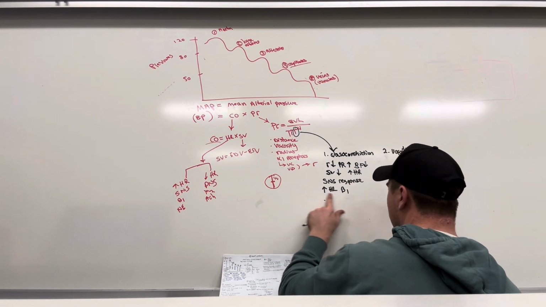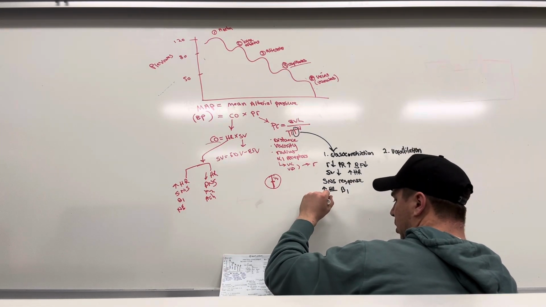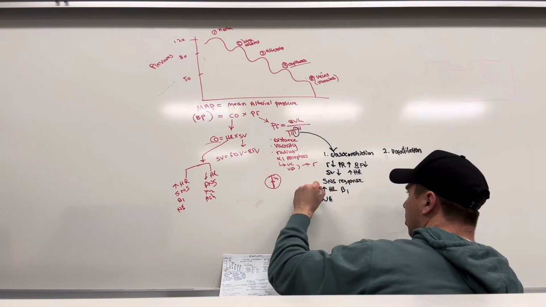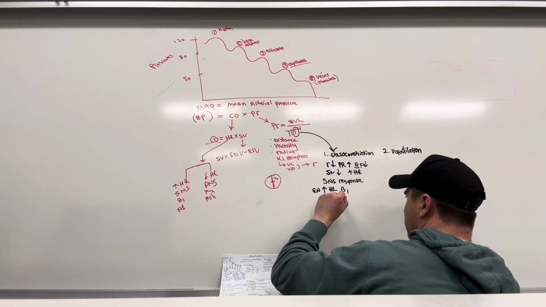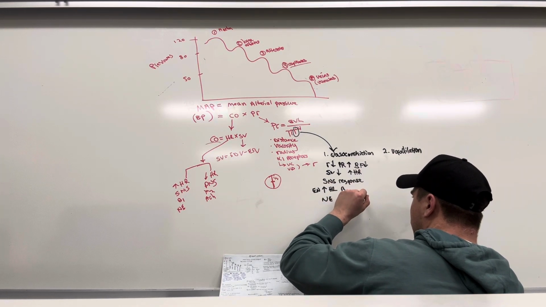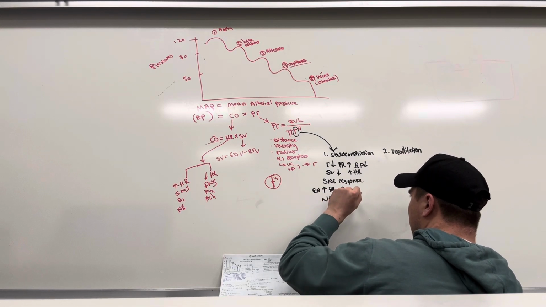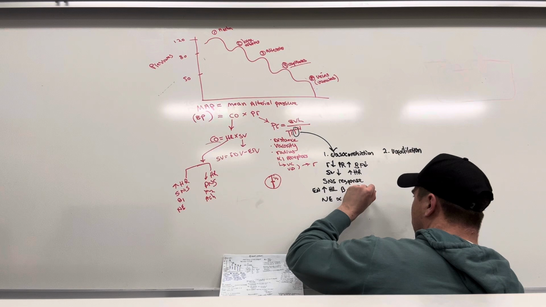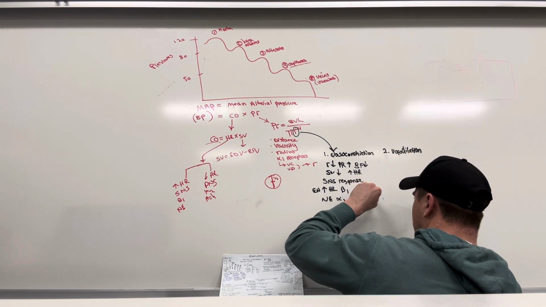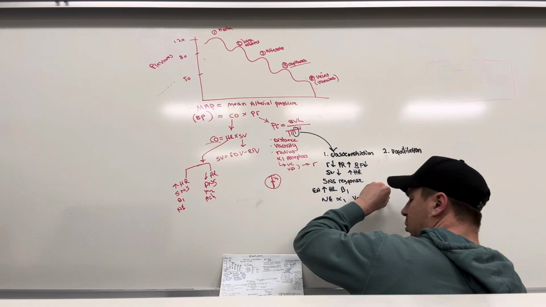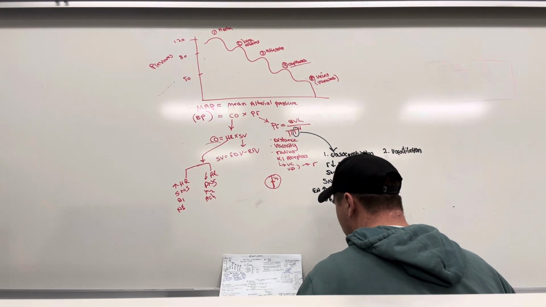And then norepinephrine is our neurotransmitter. This will increase heart rate because this one will be alpha-1, and then we'll do vasoconstriction. And then we're able to do some vasoconstriction and have that going on there.